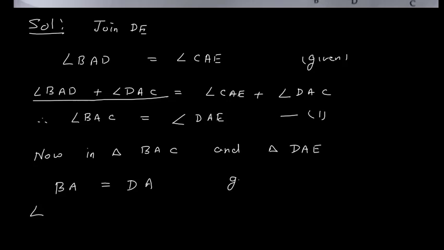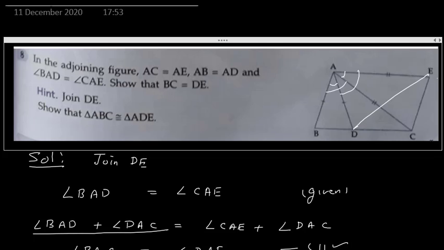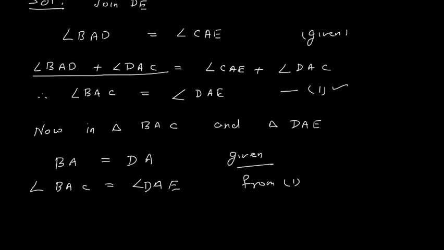It is given. Then angle BAC is equal to angle DAE. We have just proved in equation 1, so I will say from 1. And then side AC is equal to AE. This is also given.